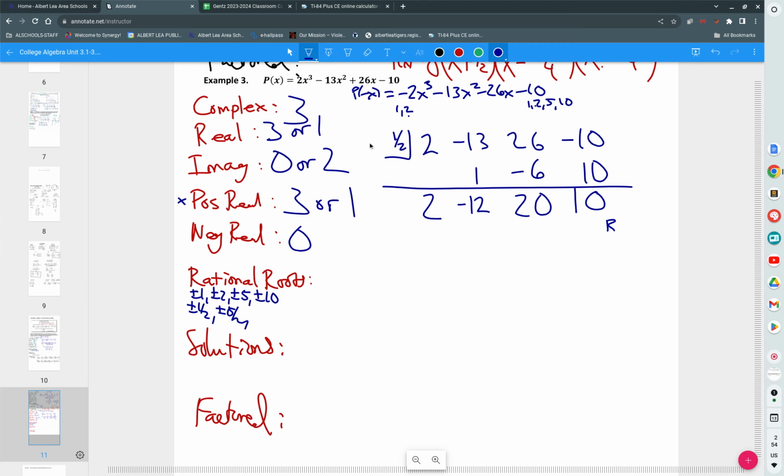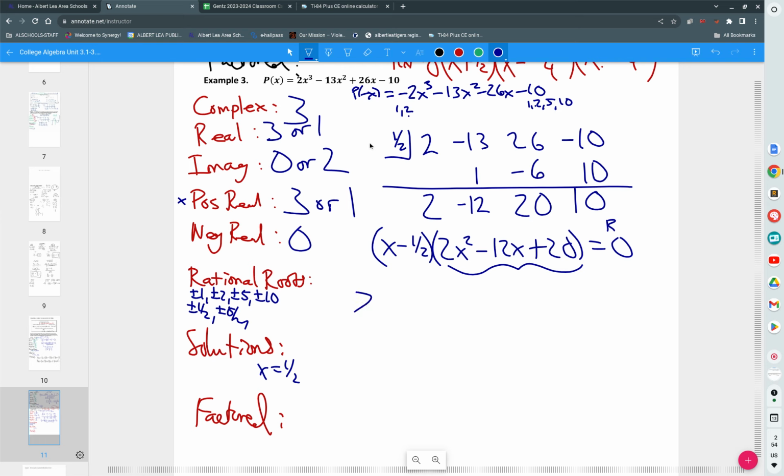So as you check this out, you've got x minus 1/2 times 2x squared minus 12x plus 20. So we see that one of our solutions is 1/2, which is one of our positive real. How about this? Can you factor anything there?